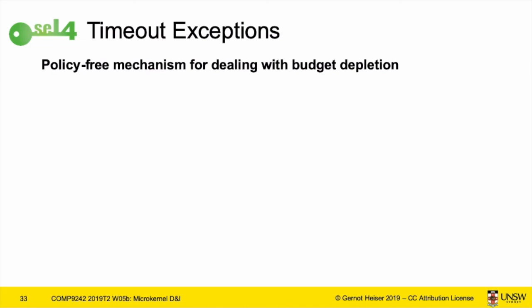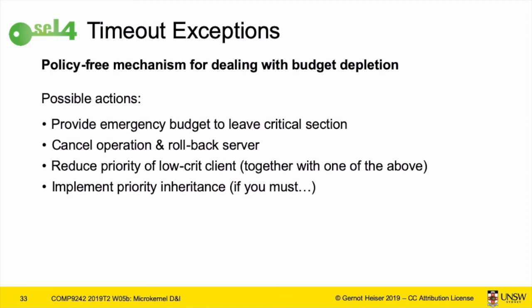There are basically three or four ways you can deal with this. One is it can inject an emergency budget into the server. That's one way to deal with it. The other is it can roll back the server and restart, dump this IPC. Basically, the client did something it shouldn't have done, which is invoke the server with insufficient time left.